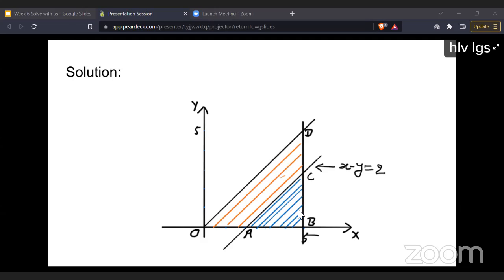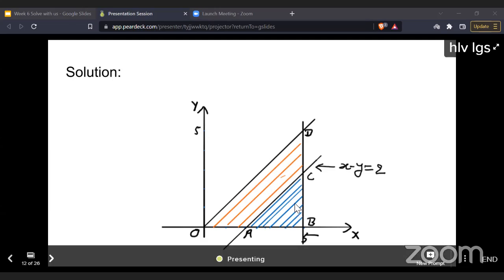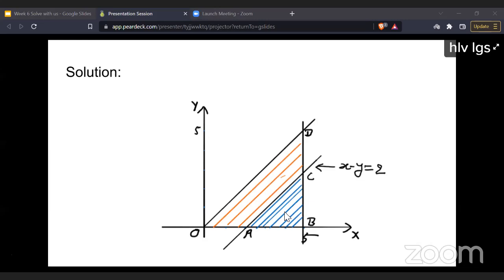Yes. Can you explain? Yeah, see, this blue shaded region here. Just pick any point. Let's say I am taking in this blue region the point 3, 0. It lies in this blue region. So x minus y will come out to be 3. So that is not going to be less than 2.